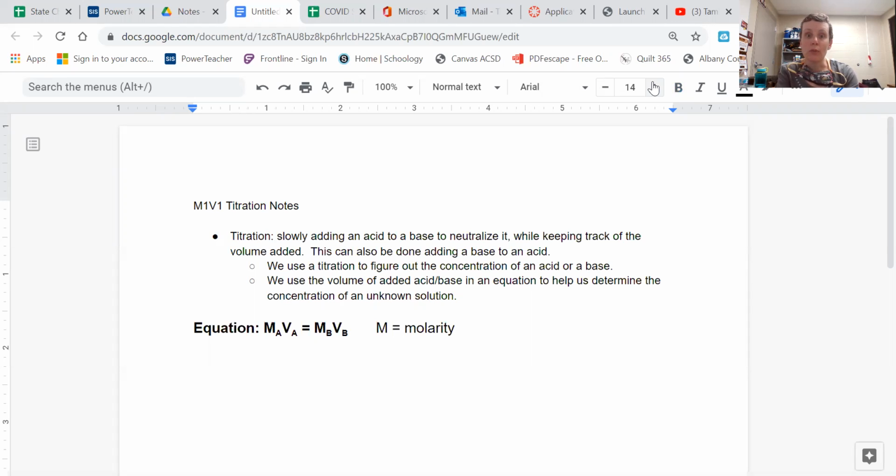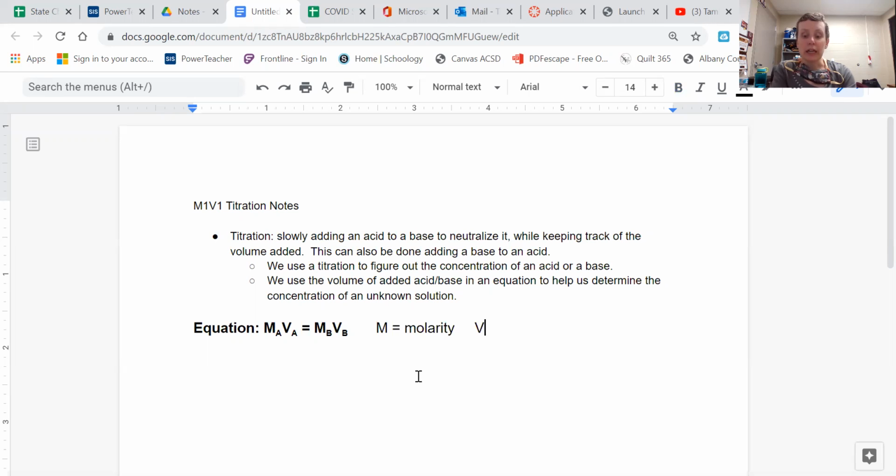So we usually know the molarity, we have to know the molarity of one of our substances. The little a's stand for acid, so this is the molarity of your acid. This one is the molarity of your base, so the B's are for bases.